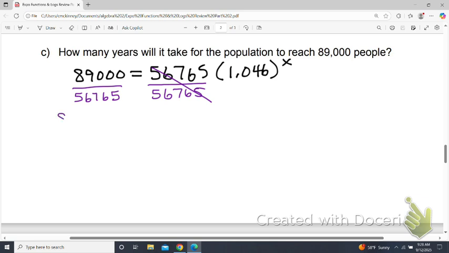So I'm just going to say 89,000 over 56,765, or I could write it as division, right? It's the same thing, is equal to 1.046 to the x, which is just what I had without the part that canceled out. And then from there, this is when we're going to change to logs.